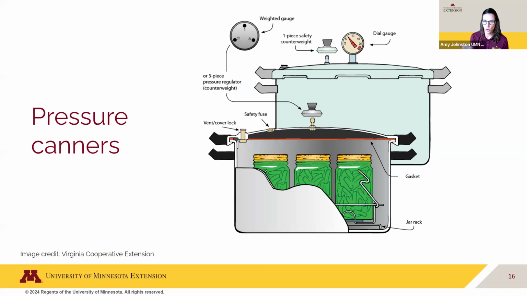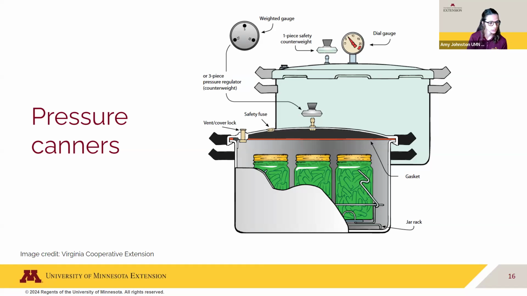We don't want the jars sitting on the bottom. We don't want to use a towel. It needs to be a perforated rack. The pressure canner needs to have a tight seal, so a gasket is around the lid. These can become cracked or worn over time, so it's important to make sure that they're pliable, they're not cracked, or they're not dried out.